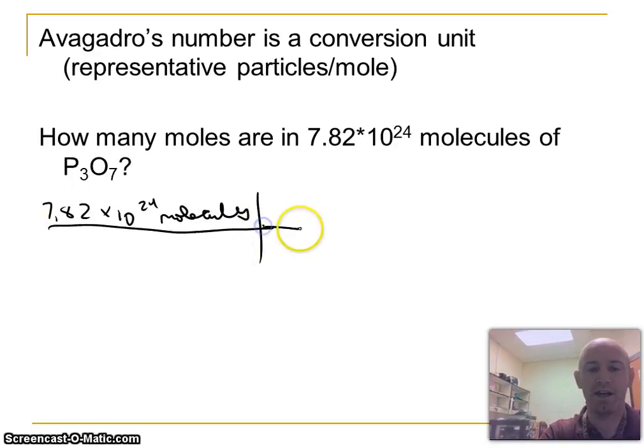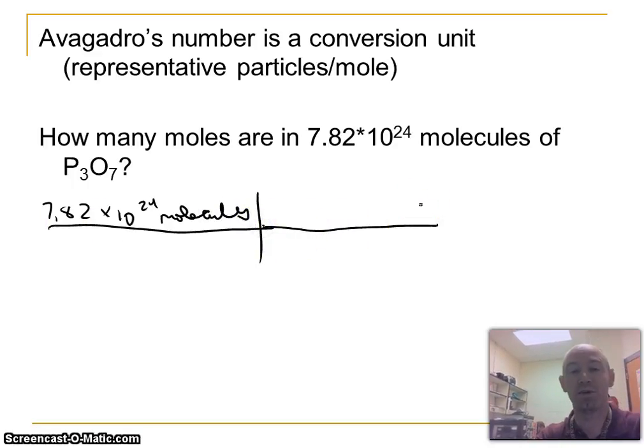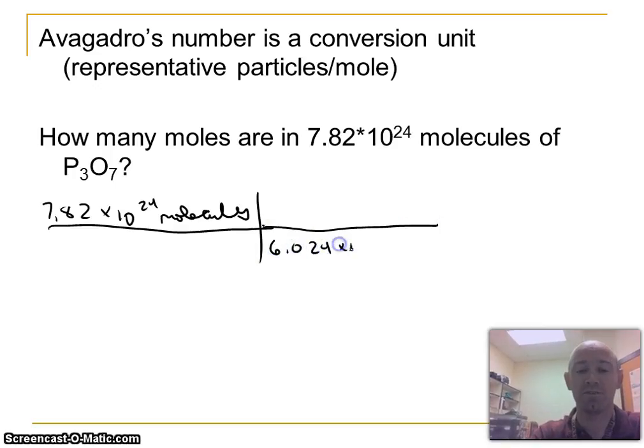And I am going to put in my 6.02 on the bottom this time. And the reason for that is I want the molecules to cancel. The P3O7 is a molecular compound, so the representative particle is going to be molecules, and that's per 1 mole of that substance.